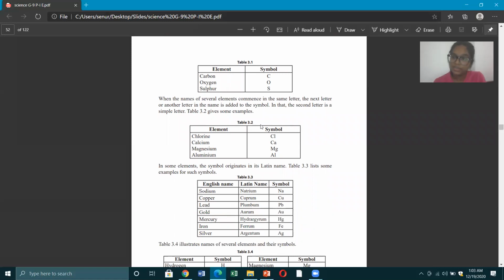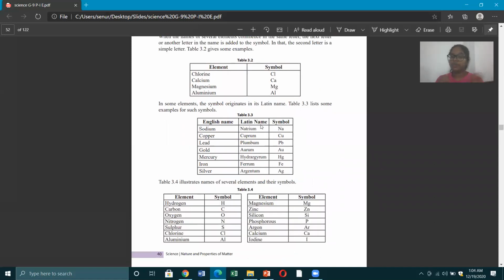Because the letter S is given to sulfur. So you can't use the same symbol for sodium, because sodium starts with the letter S and sulfur also starts with the letter S. You can't give S for both. Okay. So because of that, we had to go to the next option, where we denote sodium with the first two letters of its Latin name, which is natrium.